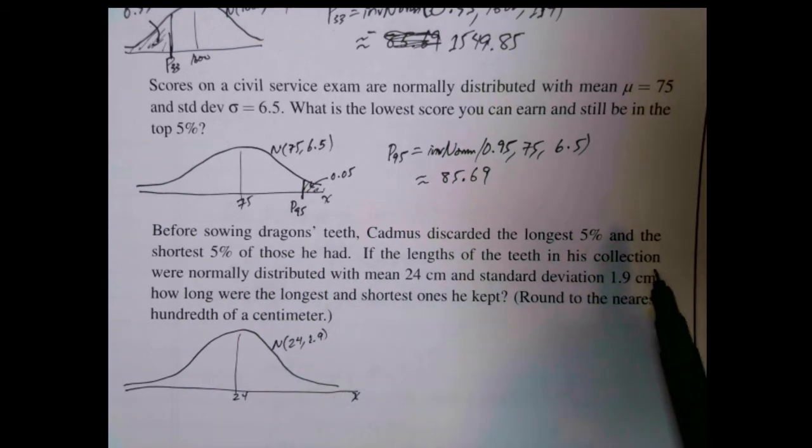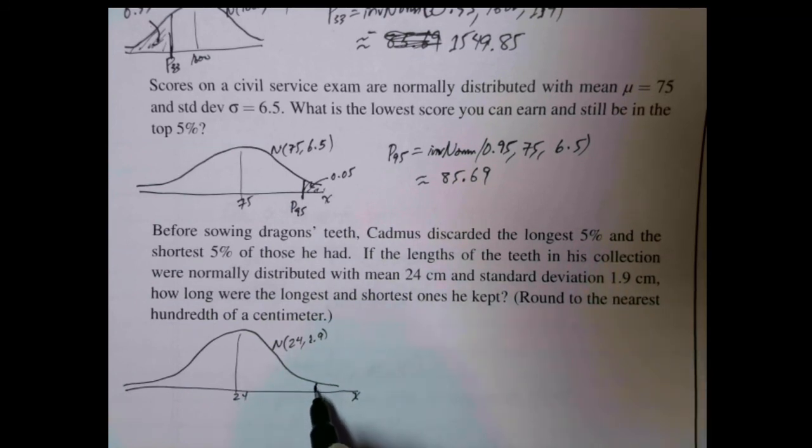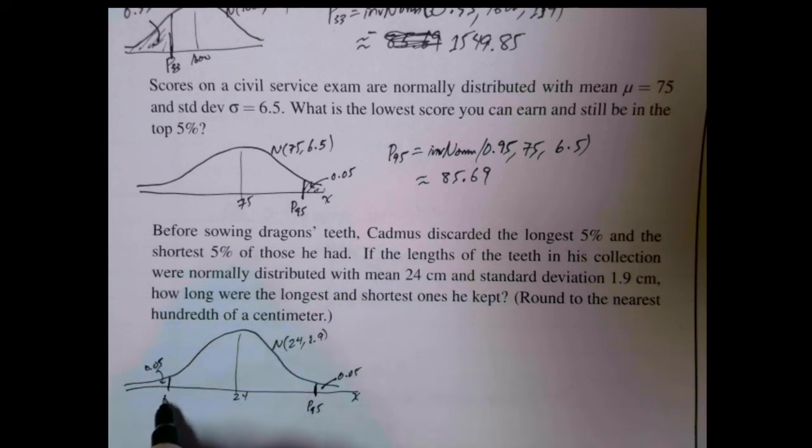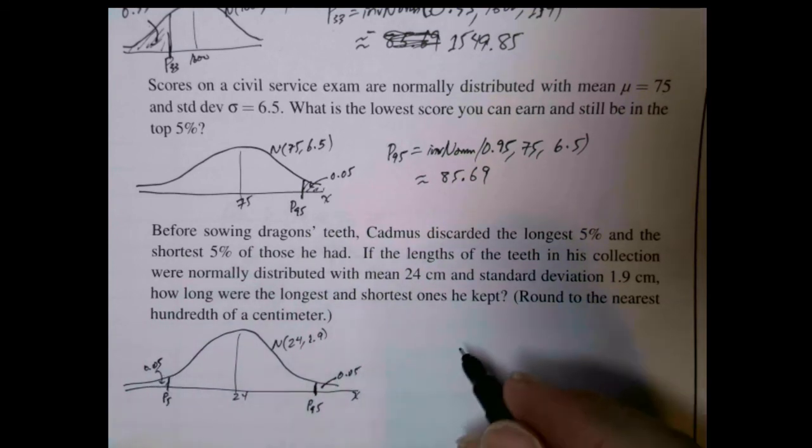Okay, he's going to throw away the longest and the shortest 5%. So we want the cutoff for the longest 5%. Just like the previous problem, that's going to be P95, the 95th percentile. Over here, we want the cutoff for the bottom 5%. And that, of course, is P5. That's the definition of P5: the probability X is less than P5, or the area to the left of P5, is 0.05.